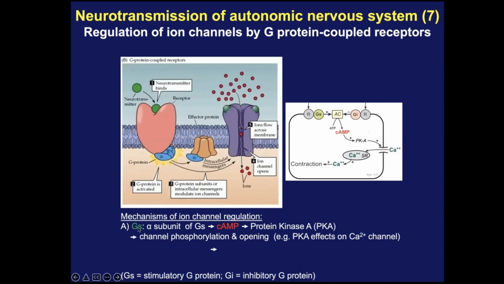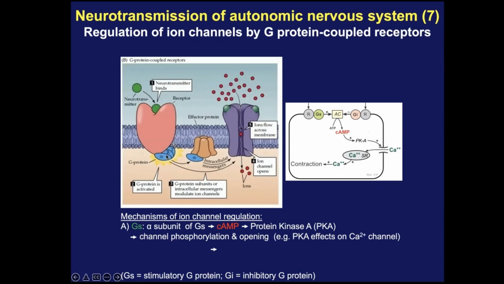In the first mechanism, which is in the case of GS, S means the stimulatory G protein. When the neurotransmitter binds to the receptor from the outside, it causes conformational changes in the protein, which activates the G protein in the inside of the cell.